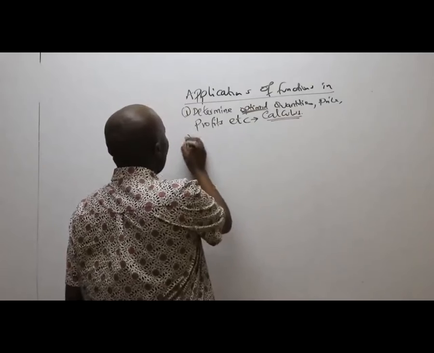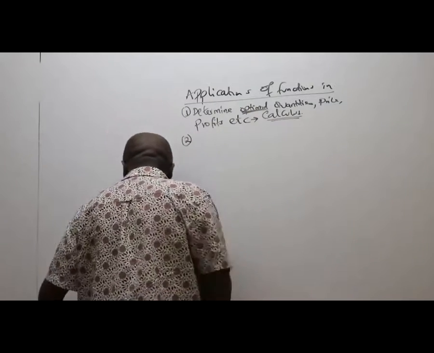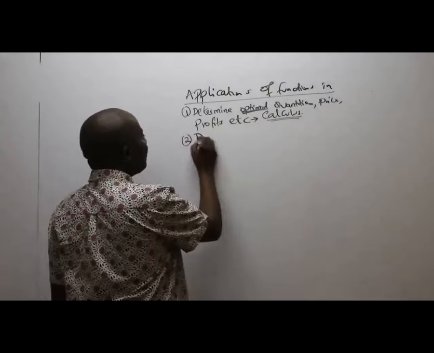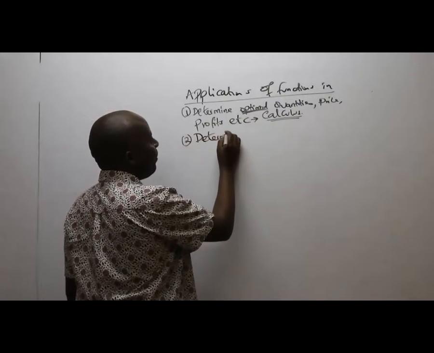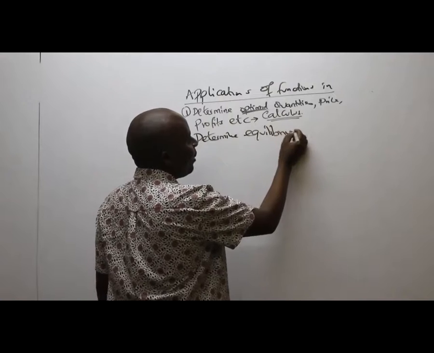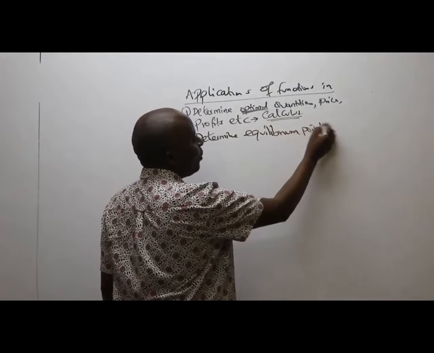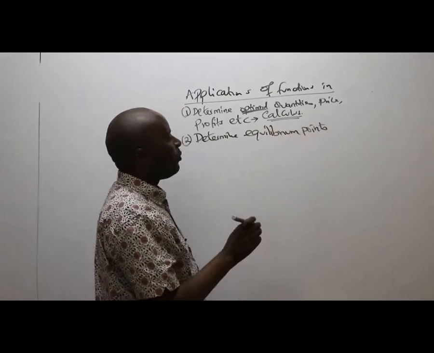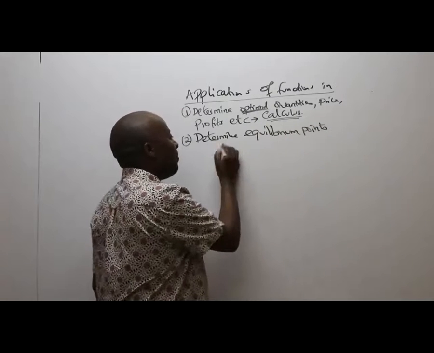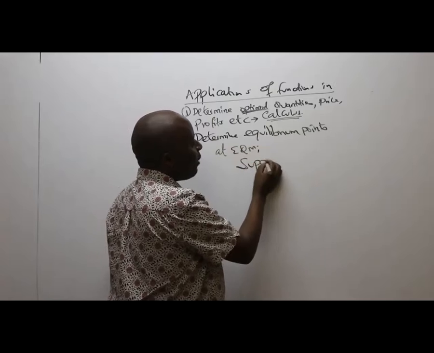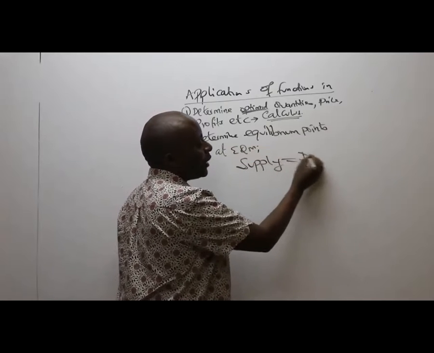Number two, ladies and gentlemen, we also use functions to determine equilibrium. We use functions here to determine equilibrium points. That is the point at which, if you remember, at equilibrium, we have the supply function being equal to what here, somebody?